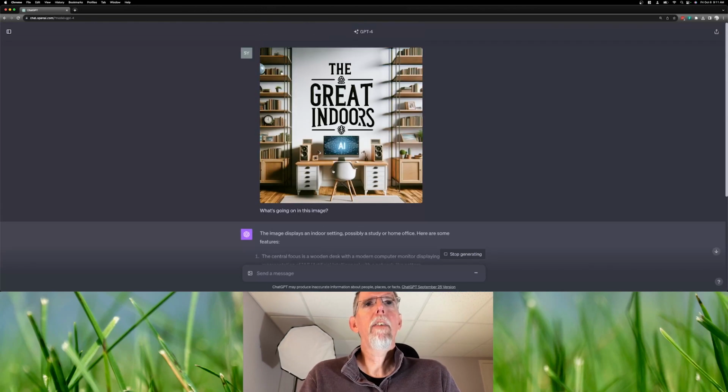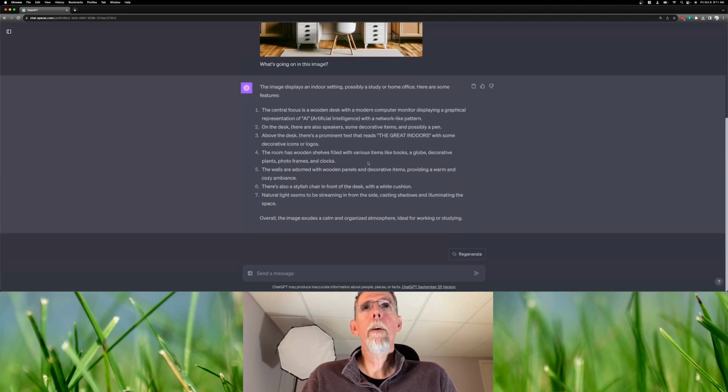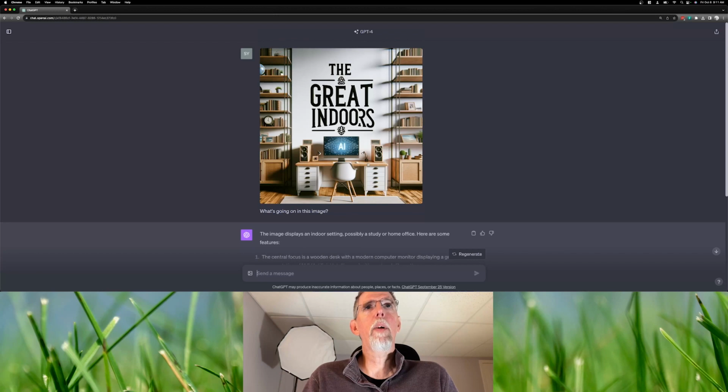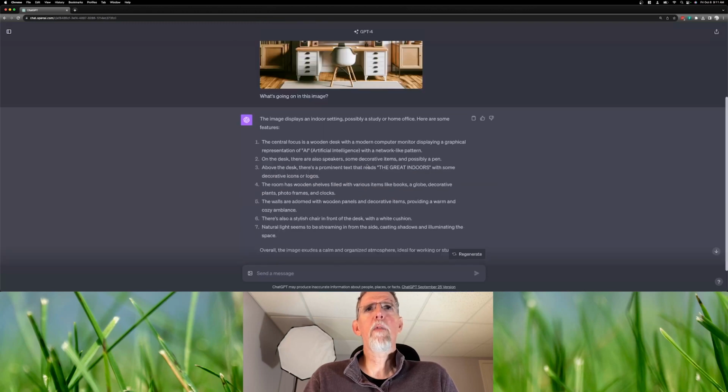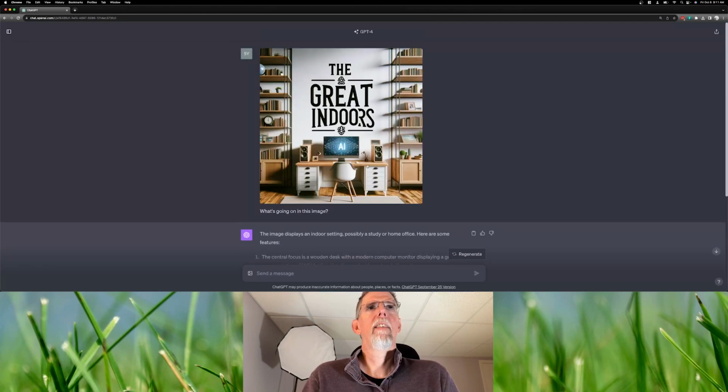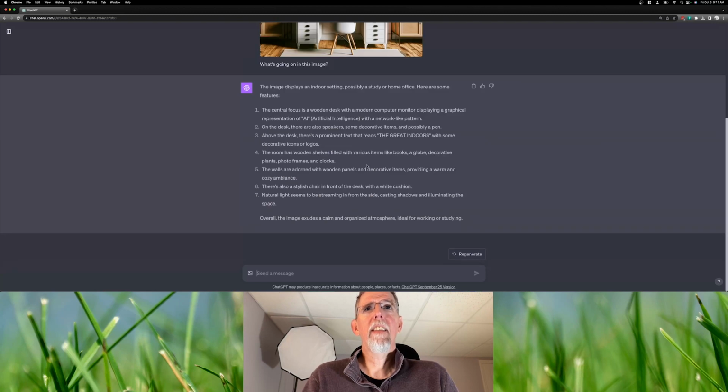I mean, that's pretty good. There are a lot of little tiny details in this image, and just off a few pixels, it's able to understand what's going on. That's really impressive. Above the desk, there's a prominent text that reads "The Great Indoors" with some decorative icons and logos. The room has wooden shelves filled with various items like books, a globe, decorative plants, photo frames, and clocks. I mean, yeah, nailed it.